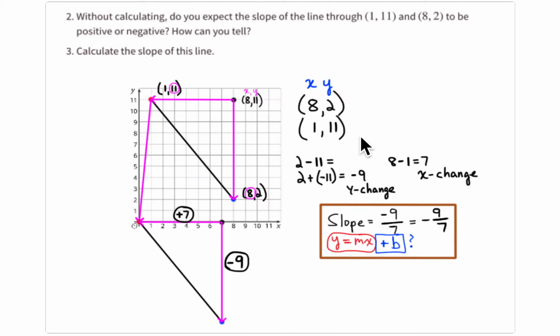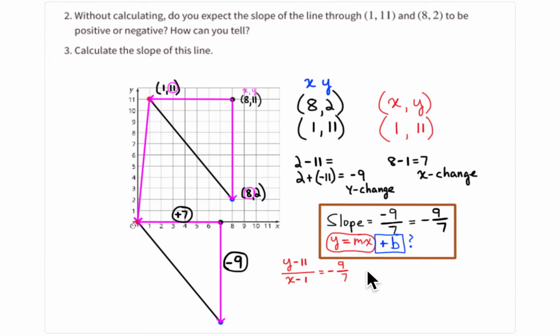So this is going to be kind of tough. And the first step is to write the change in y, which is y minus 11. So here's the y minus that 11. That's what we did here. We took the y value right here, and we subtracted that 11. So that slid this down, and that's equal to -9. So y minus 11 is the change in y, and x minus 1.